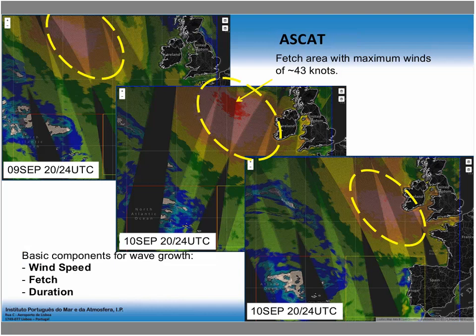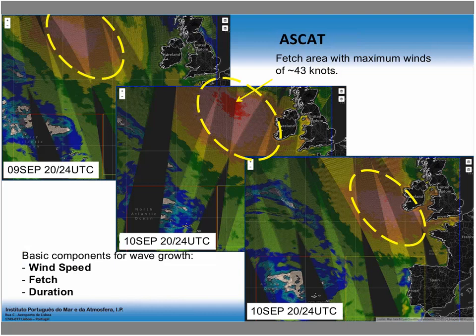So looking a little bit back, we'll use ASCAT to look at the fetch area, and as you can see here, we have winds that go up until the gale, and strong gale here at 43 knots.